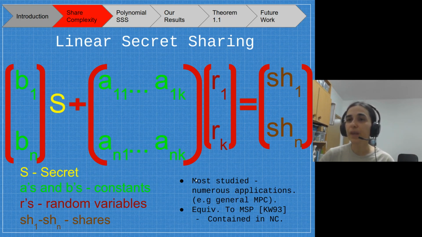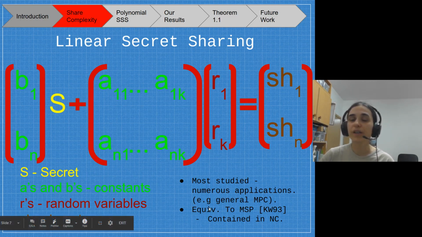they get a sharing of the sum of the secrets, which is nice. Karchmer and Wigderson in '93 defined a complexity theoretic model based on linear algebra, which is equivalent to such linear secret sharing schemes, called monotone span programs, and studied it. They were the first to study it, and several subsequent works continued to study it.